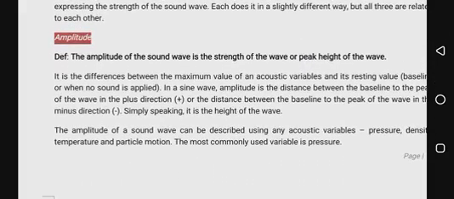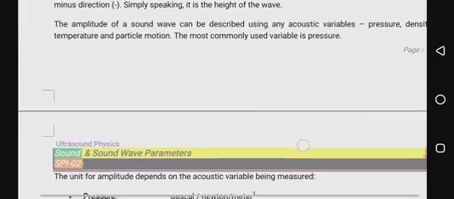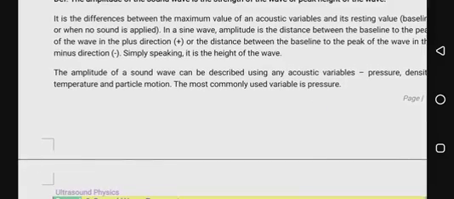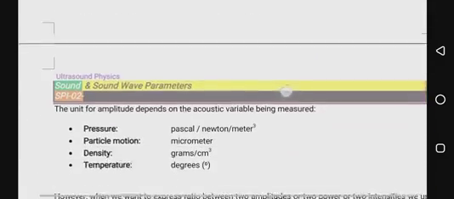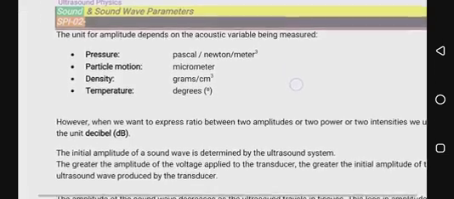It can be positive, it can be negative. And we also said that amplitude can be described using various acoustic variables like pressure, particle motion, density, and temperature with all their units.